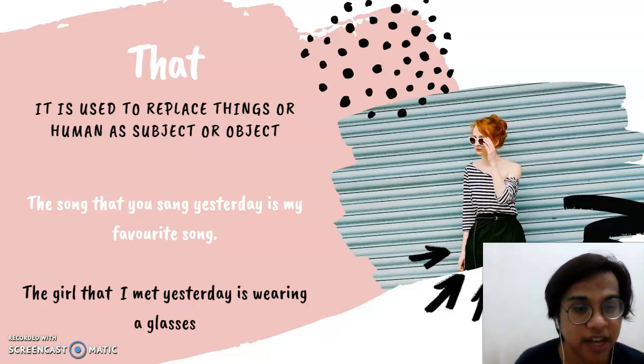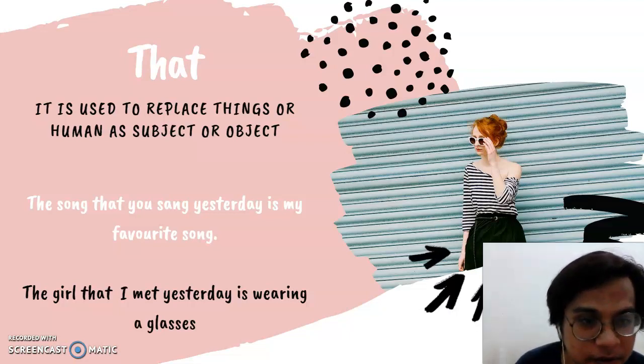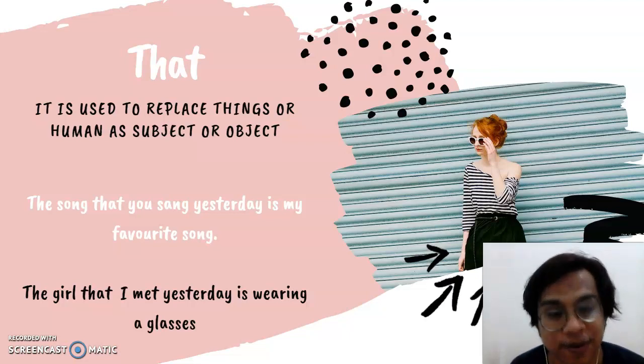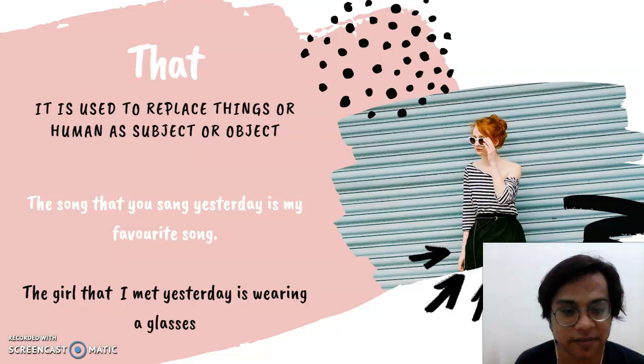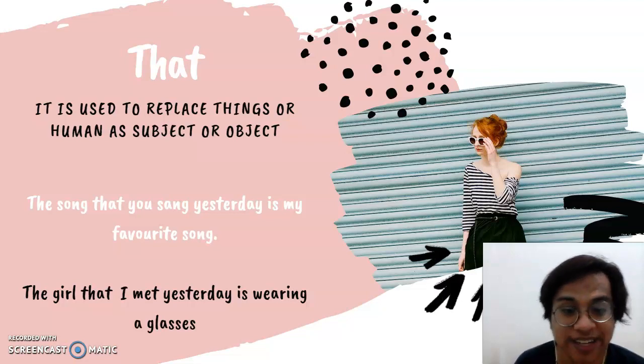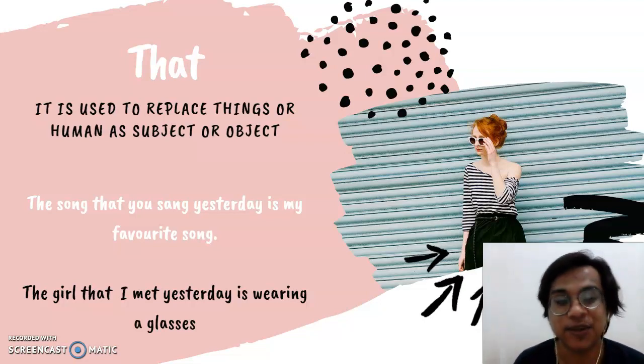The first one is, the song that you sang yesterday is my favorite song. We can see that here refers to the song, and the song is a thing. And the second example is, the girl that I met yesterday is wearing glasses. That here refers to the girl, when we talk about a person.